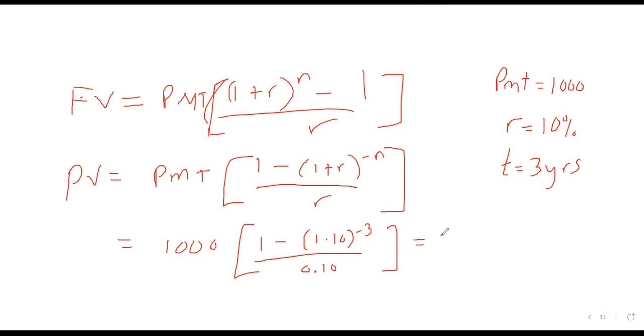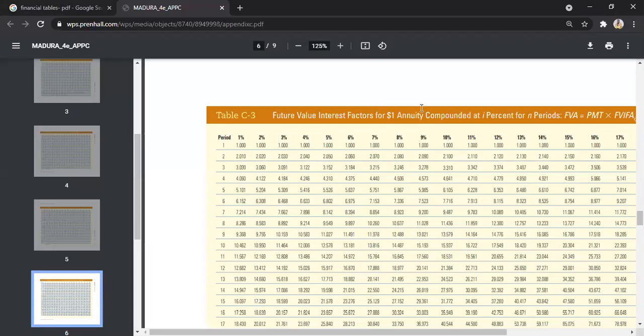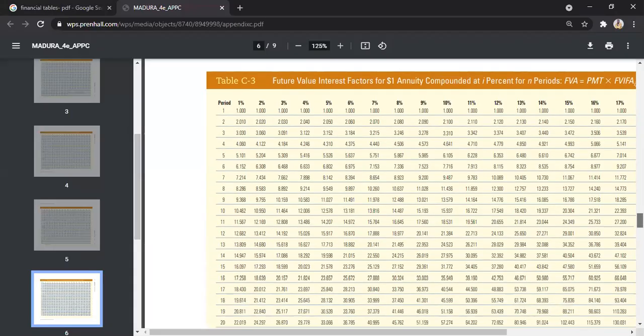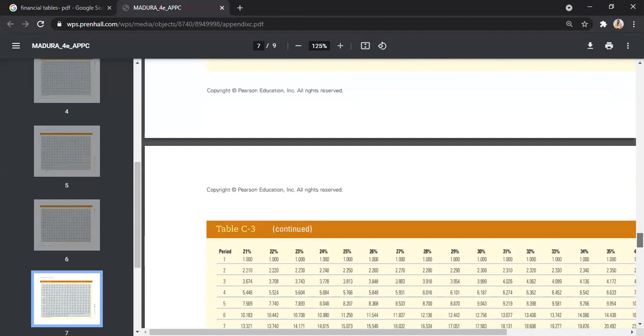So this will be 1,000 times what you calculate here, which is 2.487. Or you can use the table. This is the future value of an annuity, so you go to present value of an annuity.